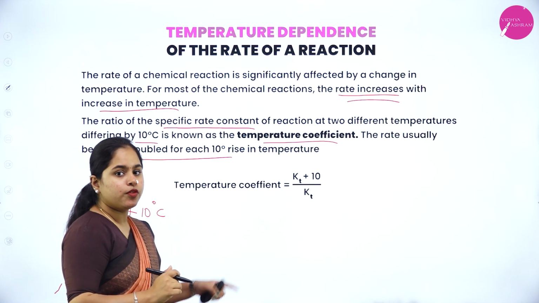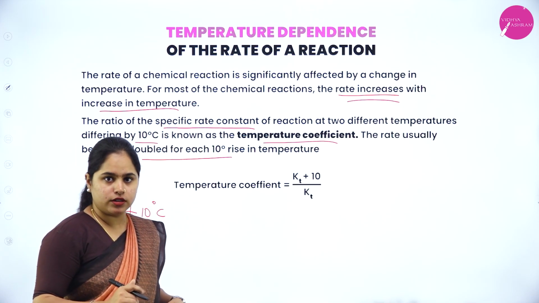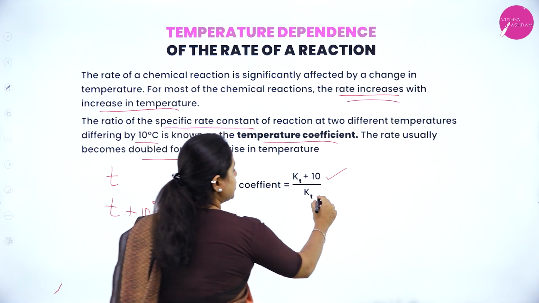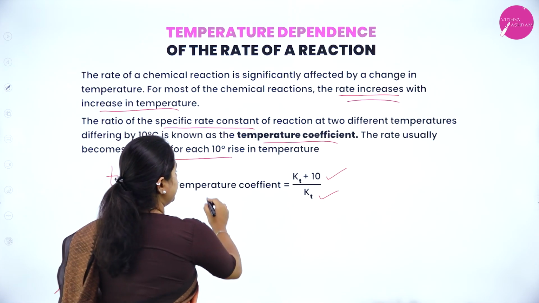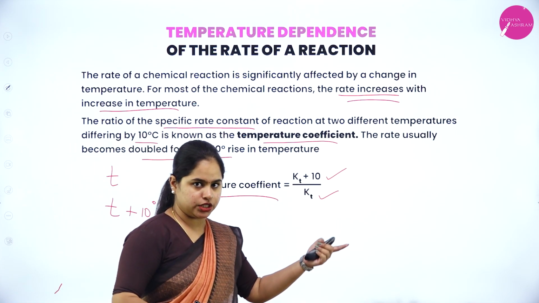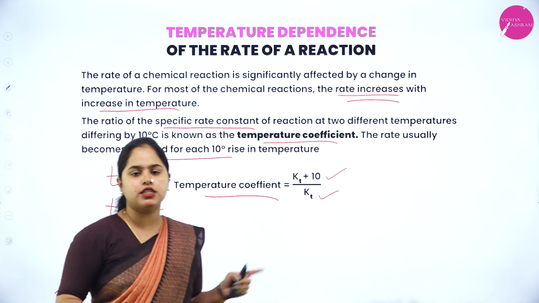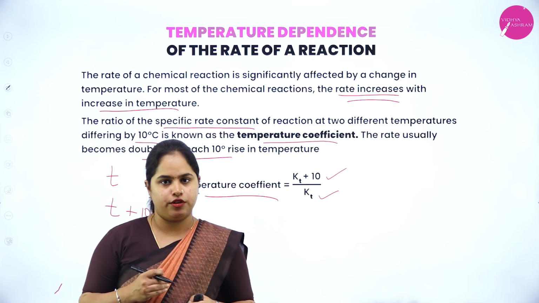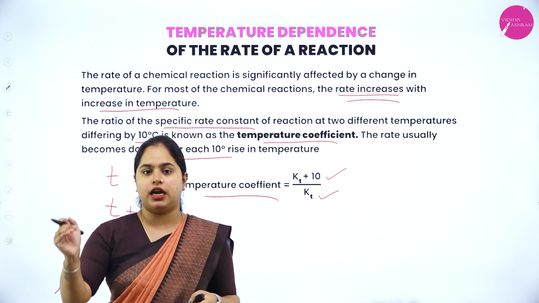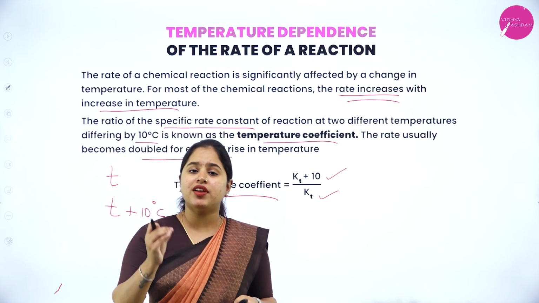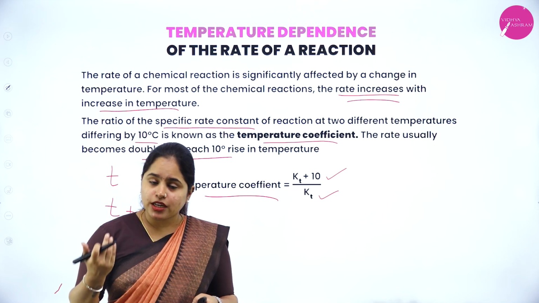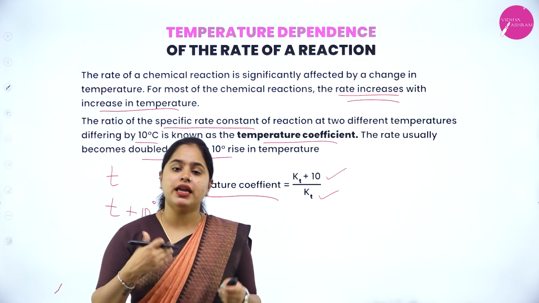So the ratio of the specific rate constant for the 10 degrees Celsius rise and the initial temperature gives the temperature coefficient. It will be K at T plus 10 degrees Celsius divided by K at T. That is called the temperature coefficient. What you have to remember is that when the temperature increases, the rate of the reaction also increases, and for every 10 degree Celsius rise in temperature, the rate of the reaction doubles.